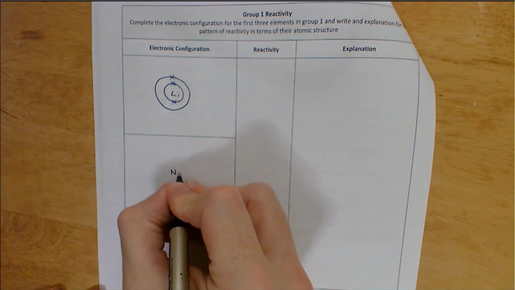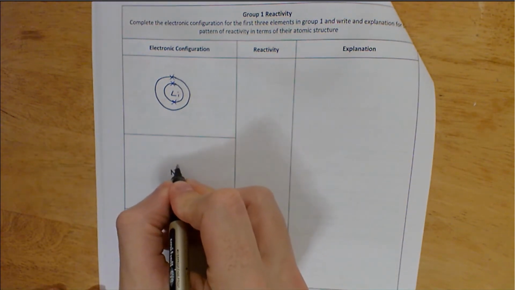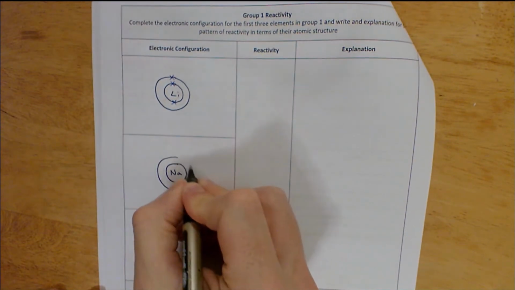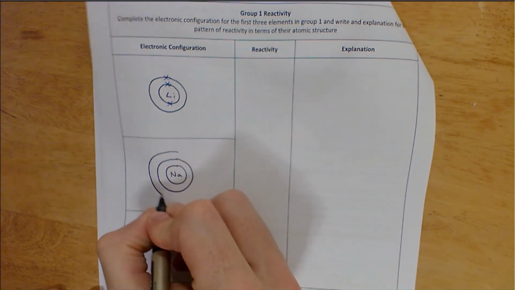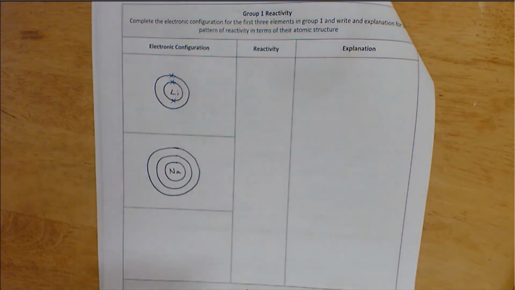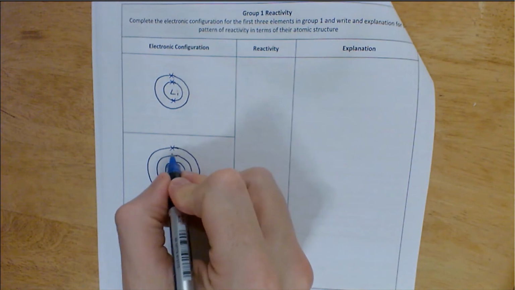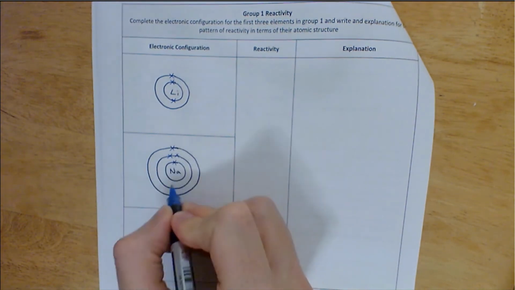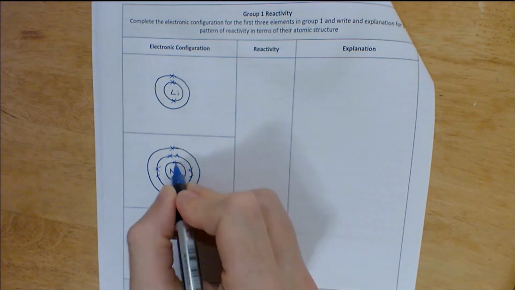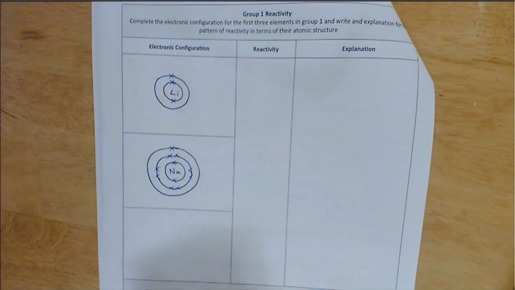Sodium is in period 3, so it's going to have 3 shells, and it's in group 1, so it's going to have 1 in the outer shell, which means that the other shells are going to be full. So 2 in the first shell, then 8 in the second, and 1 in the third.